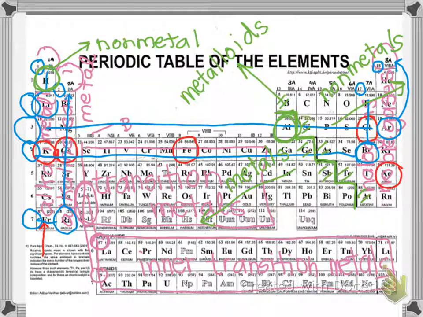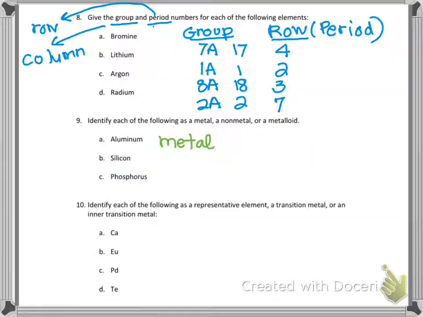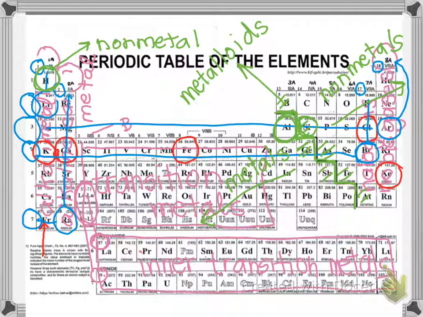Silicon is right next to aluminum. It is one that is classified as a metalloid. Metalloids have some properties of metals and nonmetals. They're most famous for being used in the semiconductor business. And letter C, phosphorus. So we would find phosphorus, which is P, right next to silicon. And now we're on the nonmetal side.